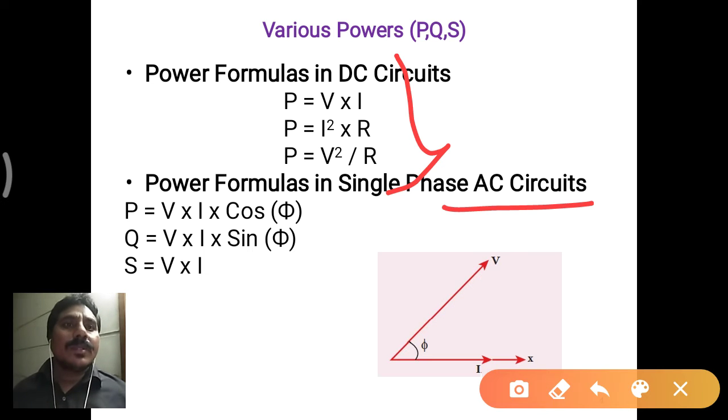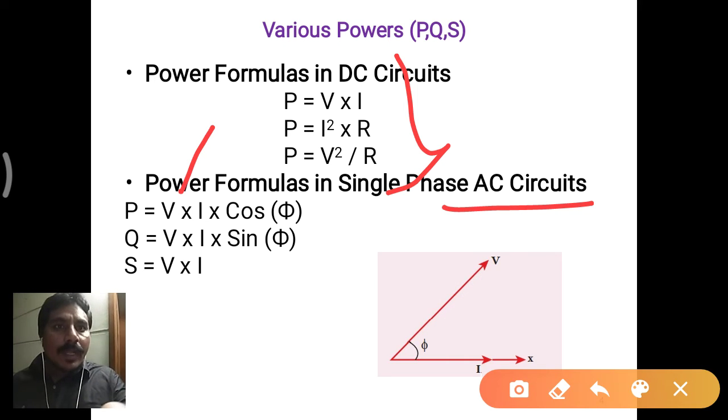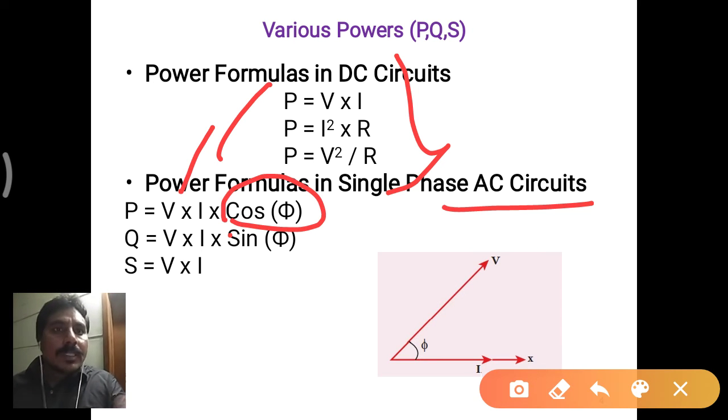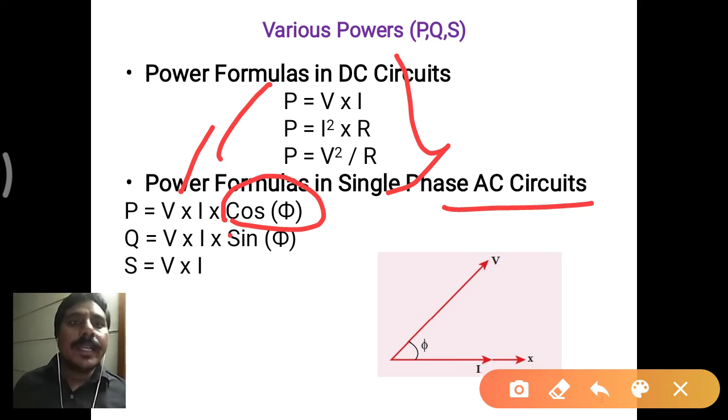For an AC circuit, the active power is defined as voltage into current, the same as in DC, but additionally we take cos theta. Why?